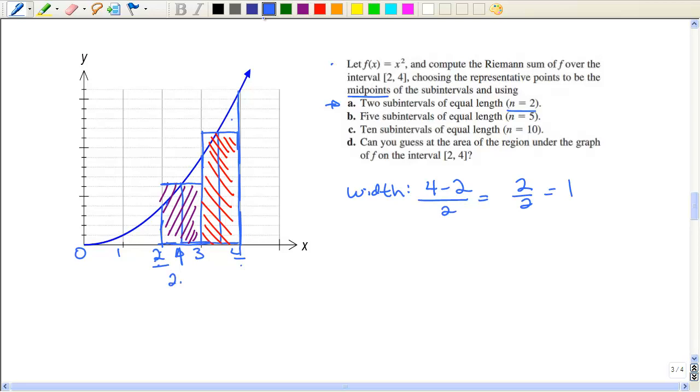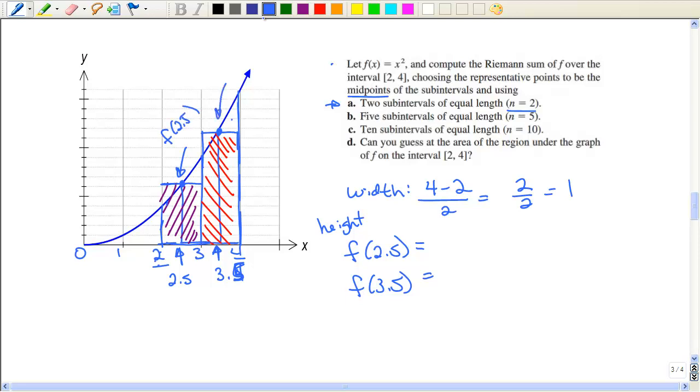Between 2 and 3 is 2.5, and between 3 and 4 is 3.5. I need to find f of 2.5 and f of 3.5. That's going to be the height of this rectangle and this rectangle right here.